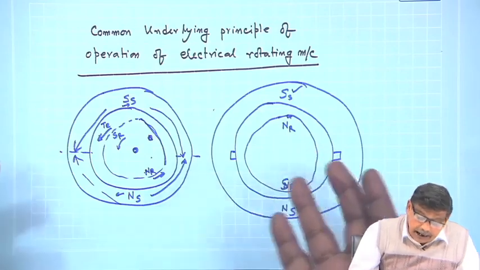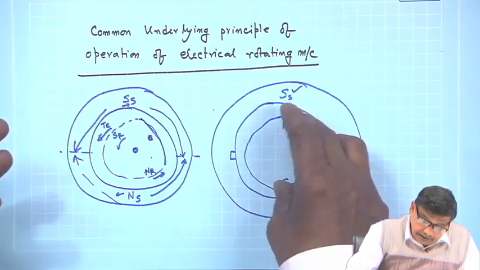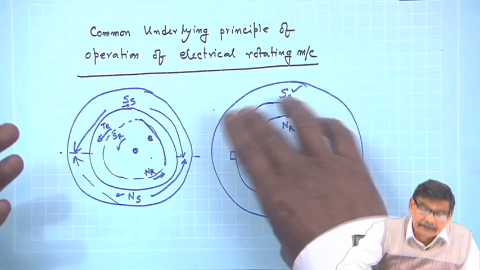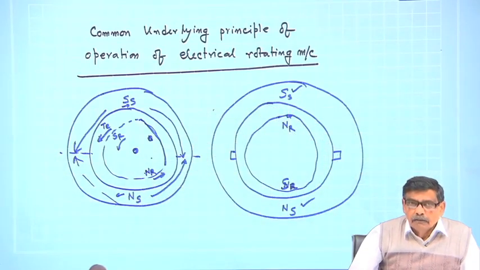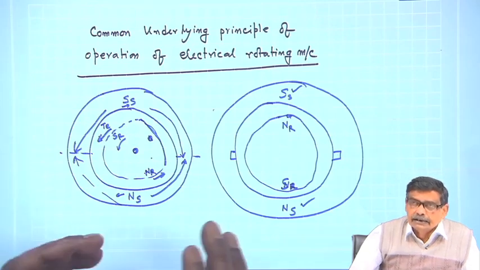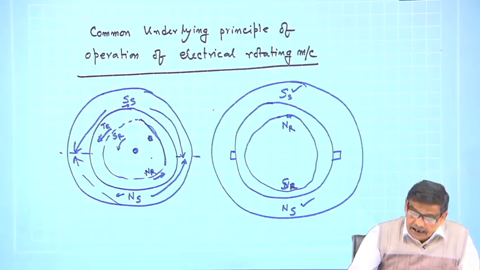Therefore, how can this happen? As Nr Sr moves, how will Ss Ns move? These are interesting and important questions to be understood.